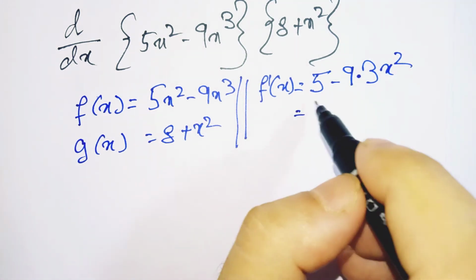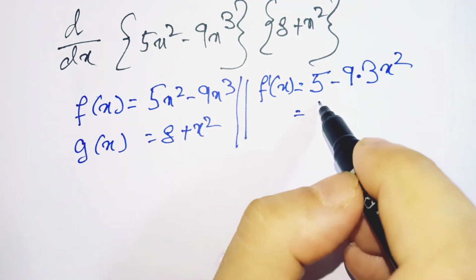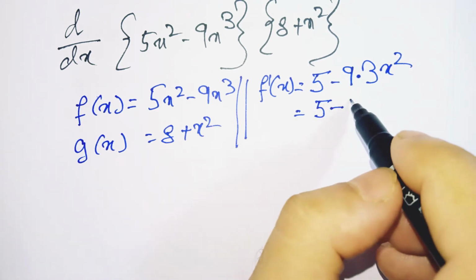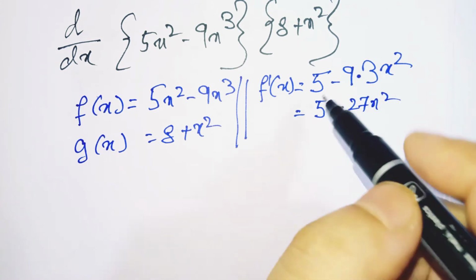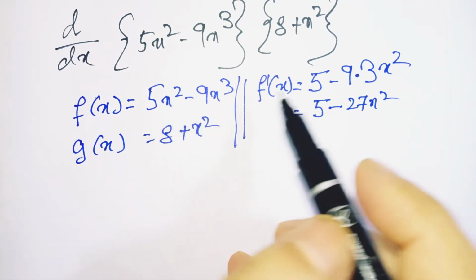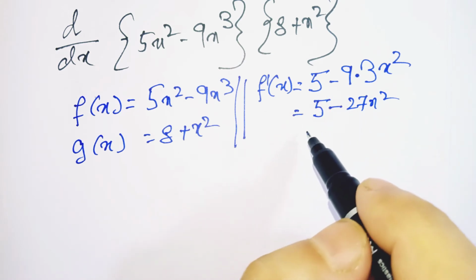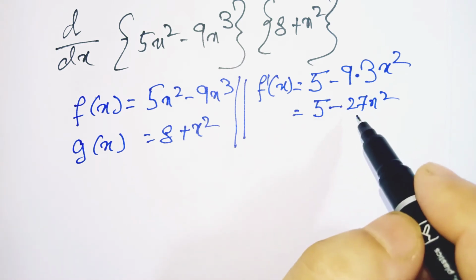So we get something like 5 minus 27x^2. You might be wondering about the first term: the derivative of x^2 is 1. So what we get from here is 5 minus 27x^2.